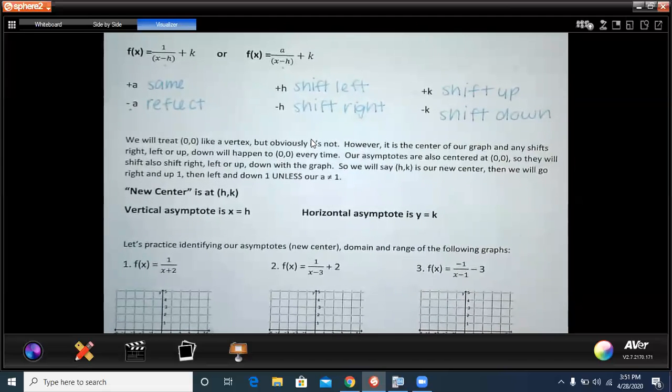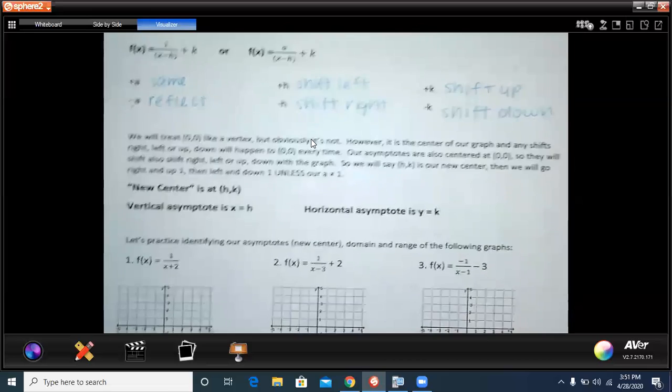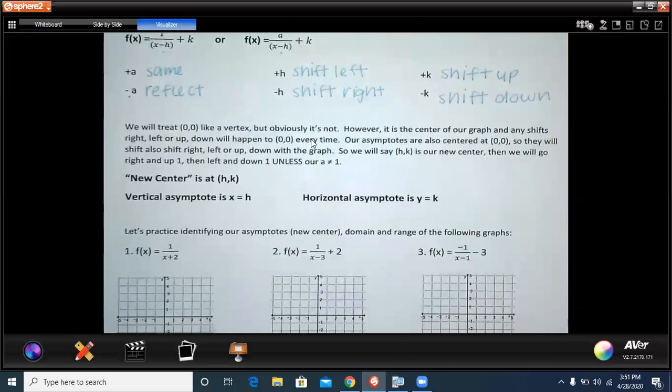All right, then it says that we are going to treat the coordinate point 0, 0, the center of our graph, as the vertex. But obviously it's not because we couldn't plot a point there. It does not exist at 0. However, it is the center of our graph.